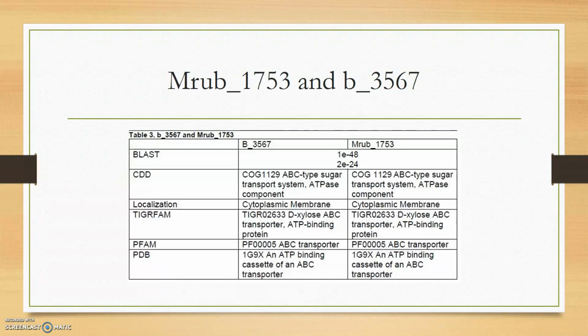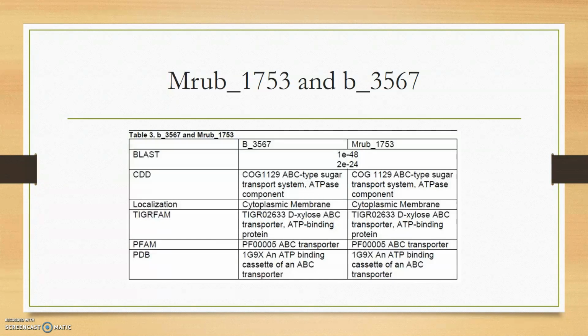TigerFam gave me the hit of TIGR 02633, which directly corresponds to the D-xylose ABC transporter ATP binding protein, whereas PFAM only gave me PF00005, which is merely an ABC transporter, a much larger family.